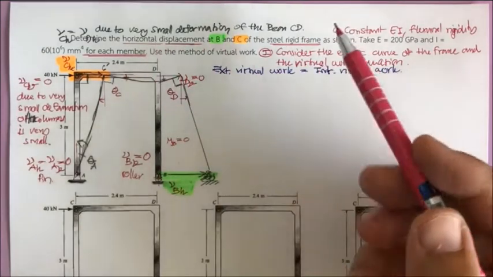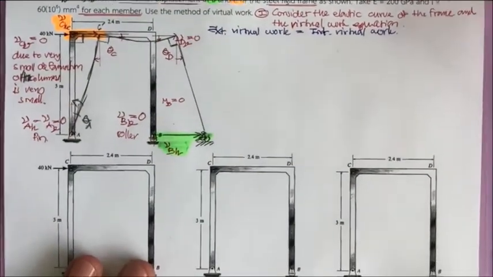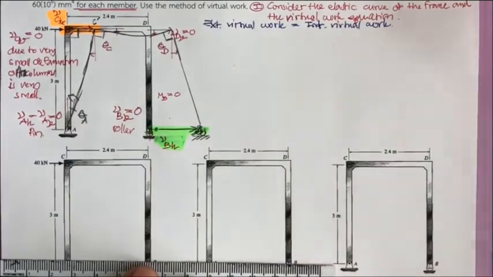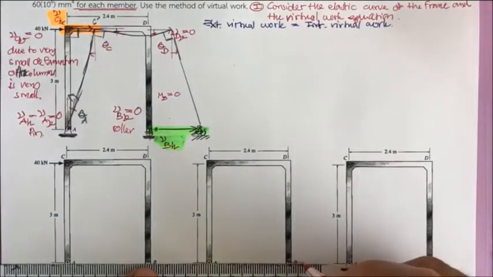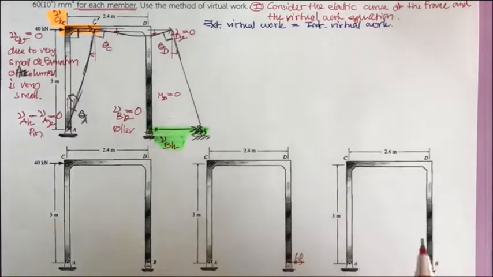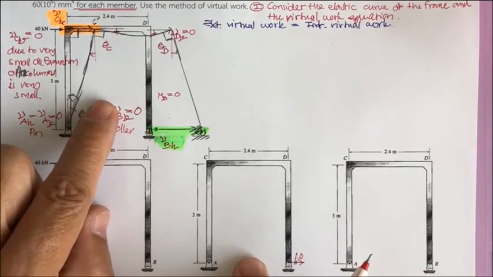First, they ask us to find the displacement at B. By doing this, we apply the 1.0 force, a very small force, to the frame that is in equilibrium.